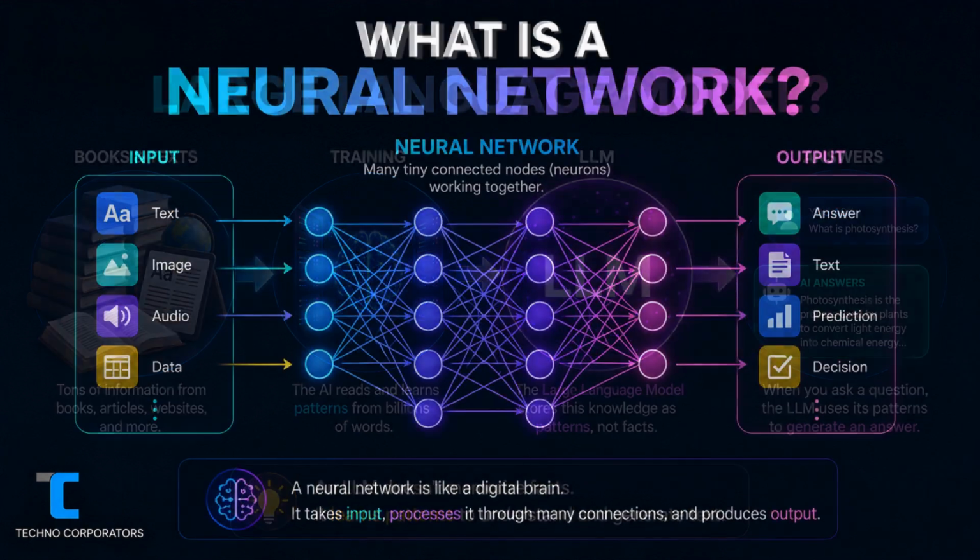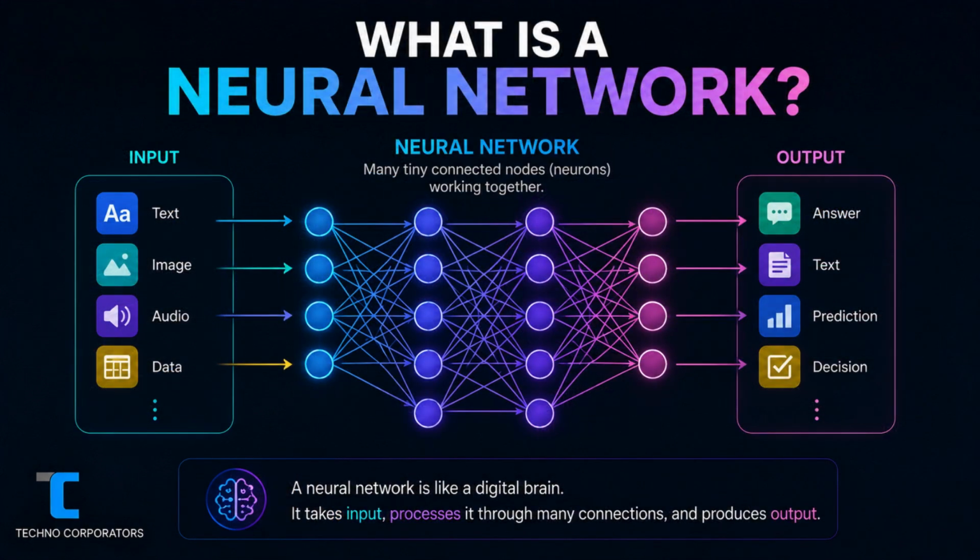At the heart of every large language model is something called a neural network. It is inspired by the way neurons connect inside the human brain, although it works very differently. A neural network is made up of many connected mathematical units that process information together. As data moves through these connections, the model gradually learns increasingly complex patterns.